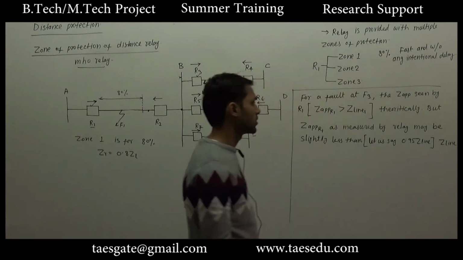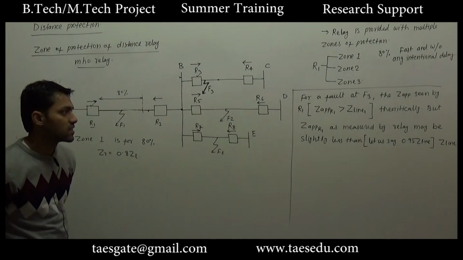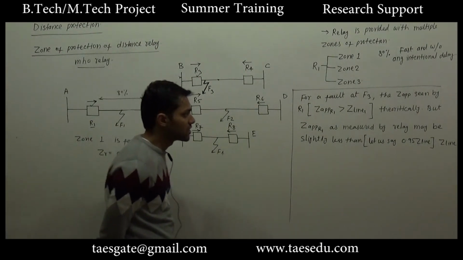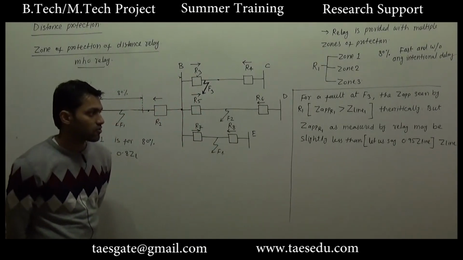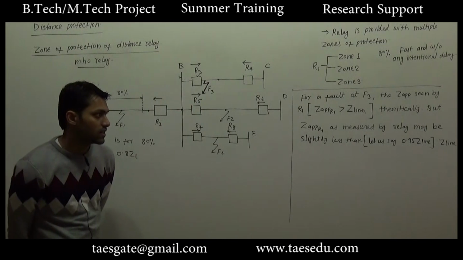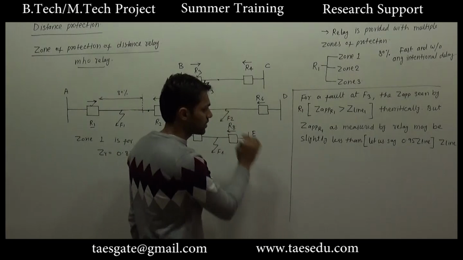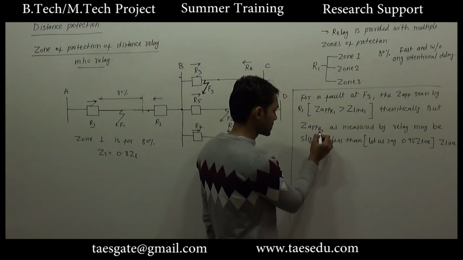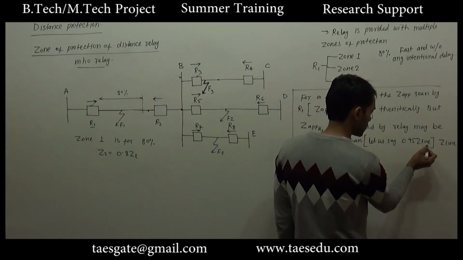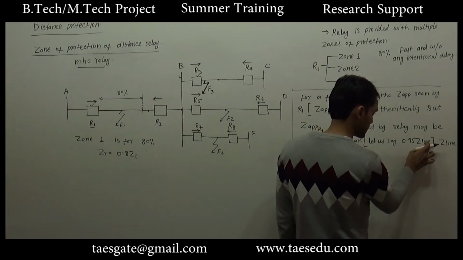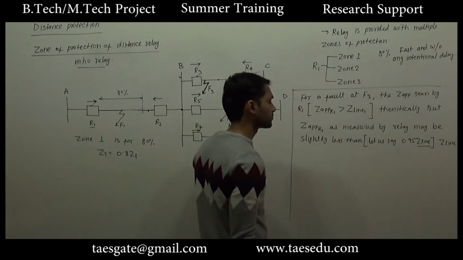Although theoretically Z apparent as seen by relay 1 must be greater than Z line 1, since this is measured by the relay and that measurement is not free from error, not ideal, even for this fault the Z apparent as measured by relay 1 may be slightly less than the total impedance of line 1.